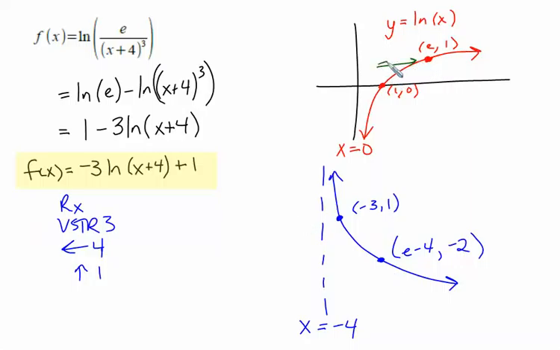Horizontally on this graph, the difference between those 2 points is e minus 1. Horizontally here, now think about this. This is e minus 4, this is negative 3. So if we took e minus 4 and subtracted a negative 3, we would get e minus 1. So it has the same horizontal distance. We did not have a horizontal stretch. That makes us fairly confident that we did in fact sketch the correct graph.